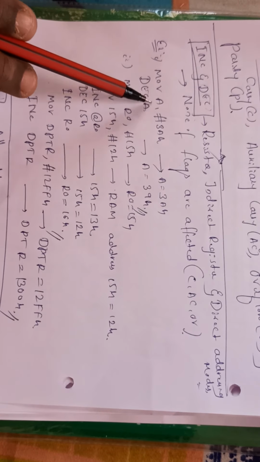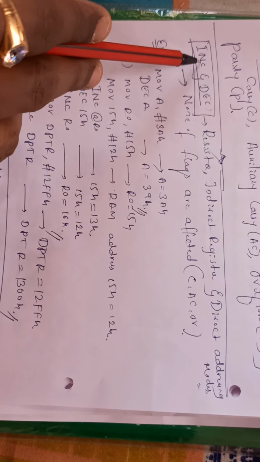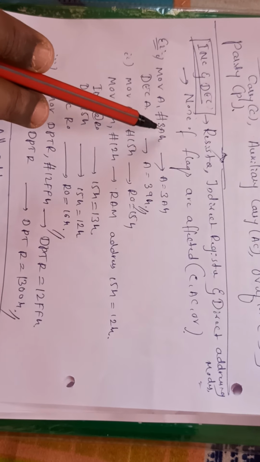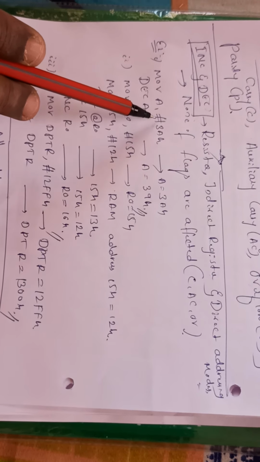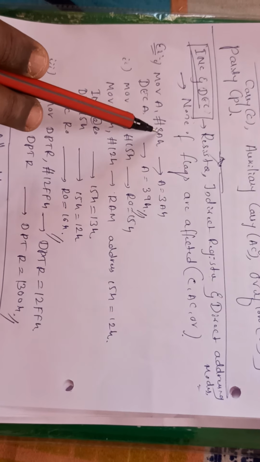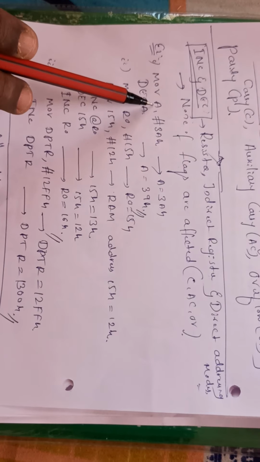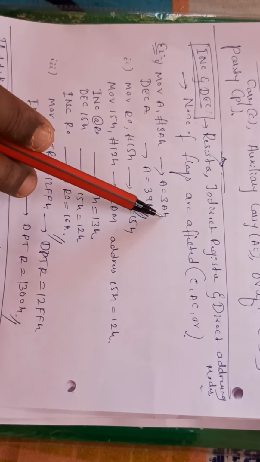For example, you can see here how it makes the changes. If I write MOV A, #3AH, we already know that the hash symbol means immediate addressing mode. I am loading the 3AH value to the accumulator, that means A equals 3AH.